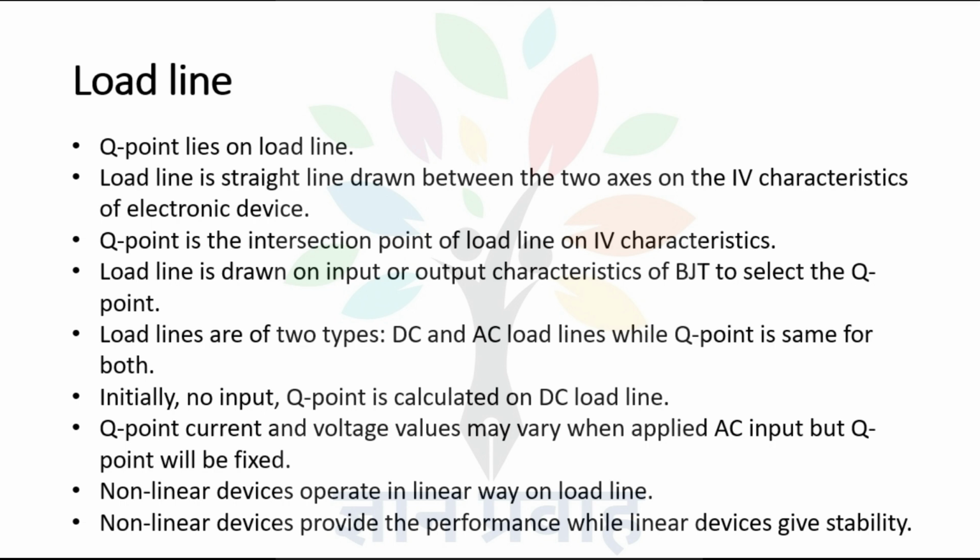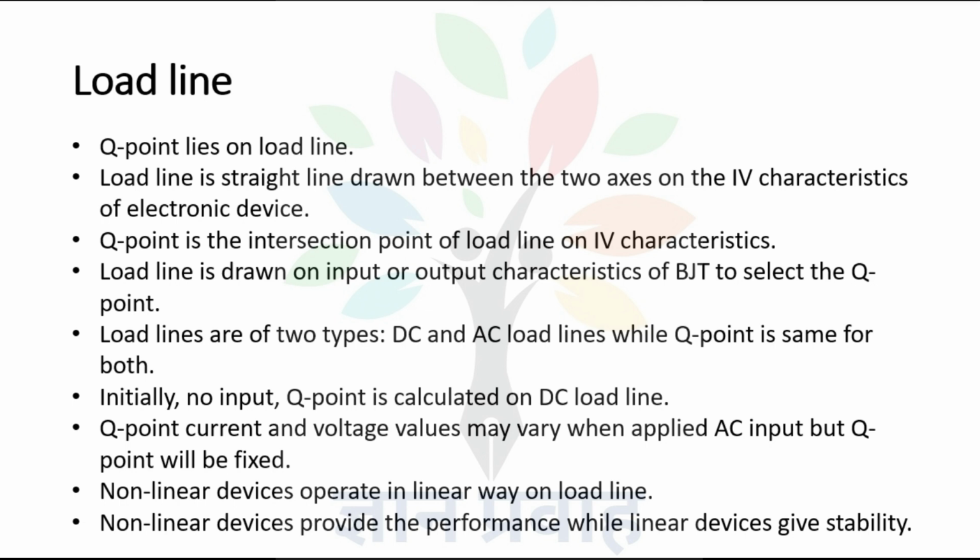Electronic devices are non-linear devices because their characteristics are non-linear in type. It means for Q point calculation, the electronic devices operate in a linear way on the load line. So it provides maximum stability.